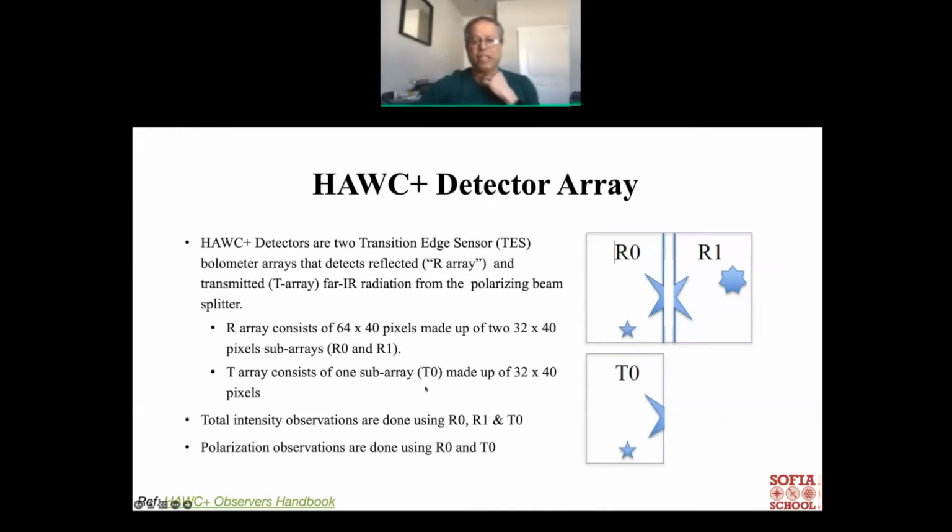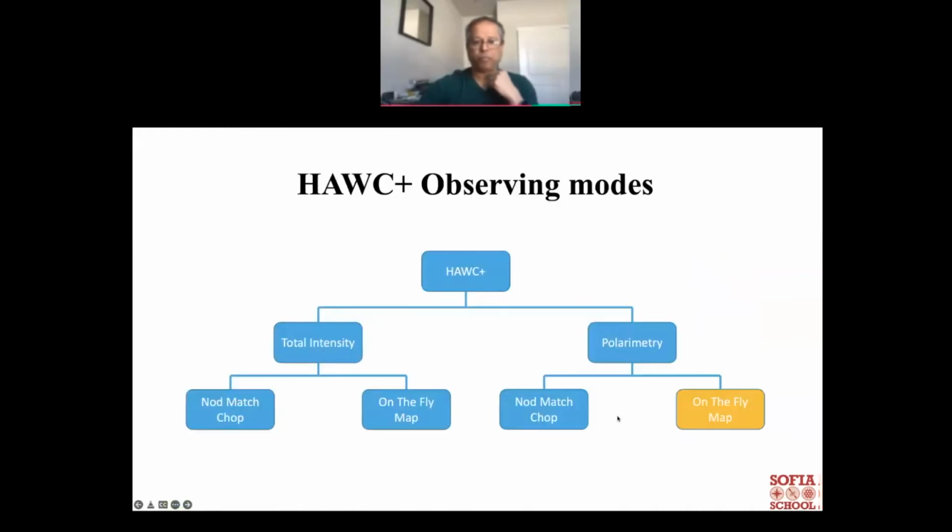And the T array is just one subarray made of 32 by 40 pixels. As I mentioned earlier, HAWC can do two types of observation, total intensity or flux observations and polarization observations. The total intensity uses all of the arrays, whereas the polarization observation is done just by R0 and T0.